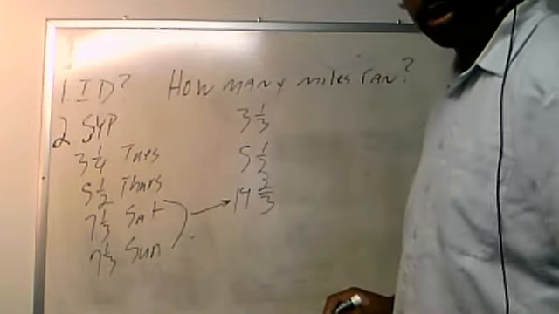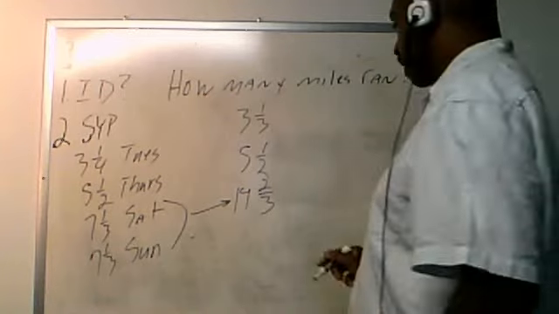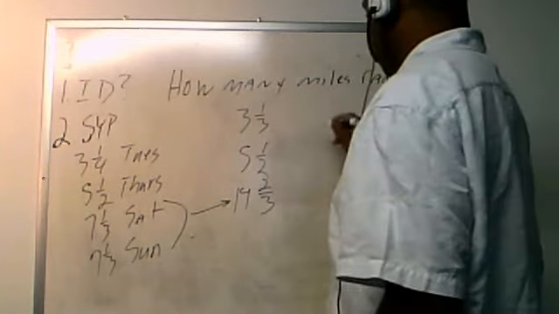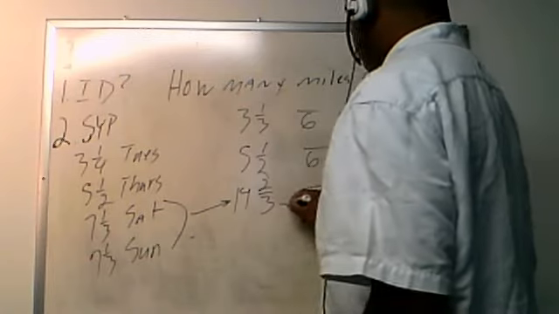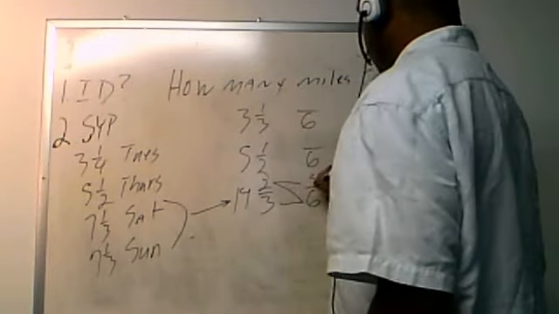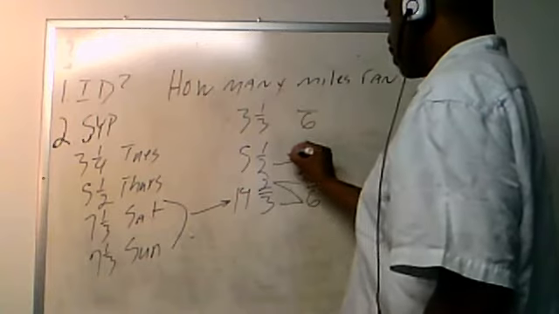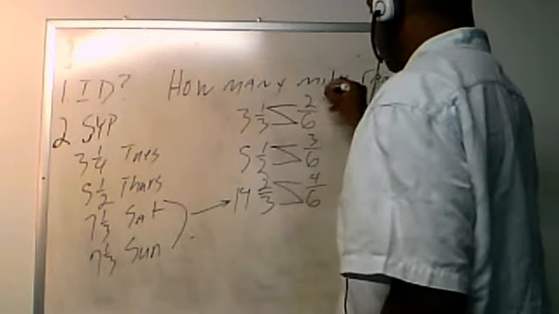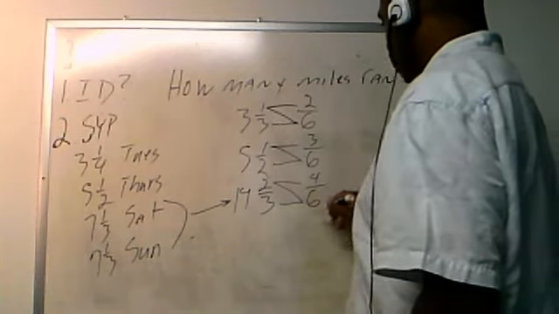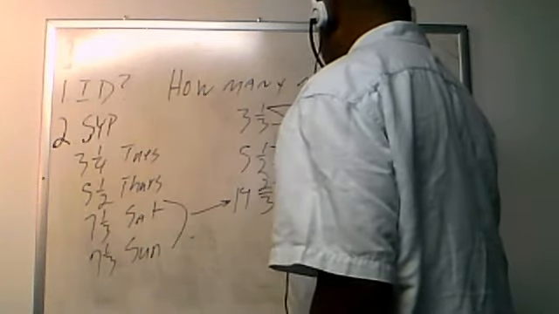Then we still have to get our lowest common denominator. 3, 2, so the lowest common denominator is going to be 6. 3 goes into 6 2 times, 2 times 2 is 4. 2 goes into 6 3 times, 3 times 1 is 3. 3 goes into 6 2 times, 2 times 1 is 2. 2 plus 3 is 5, plus 4 is 9 6ths.